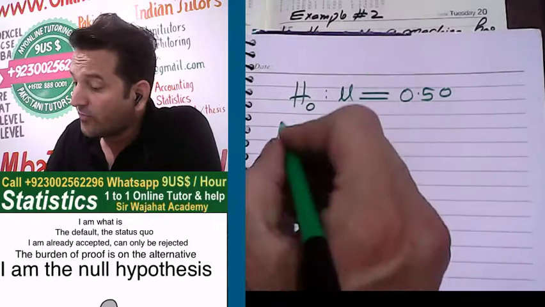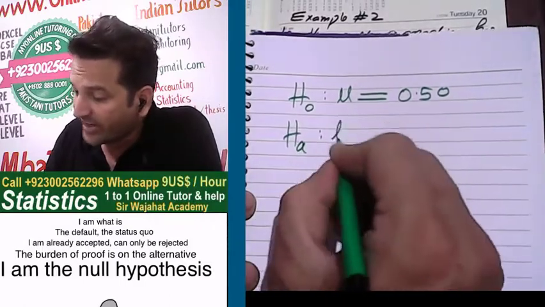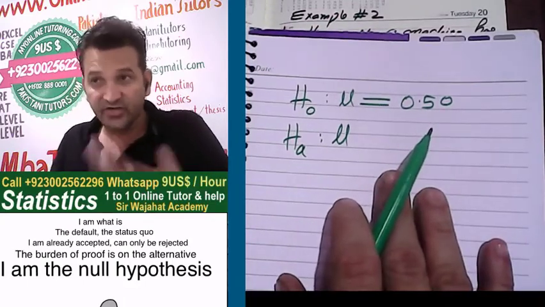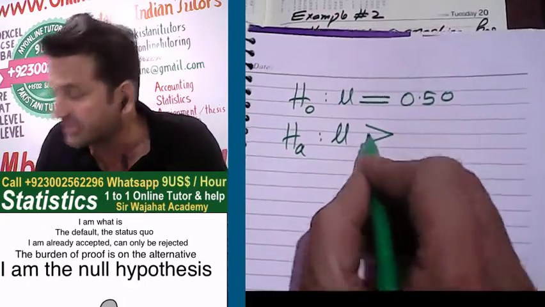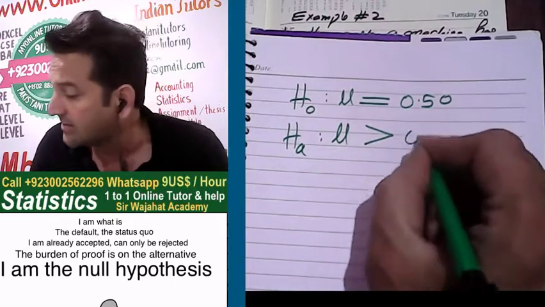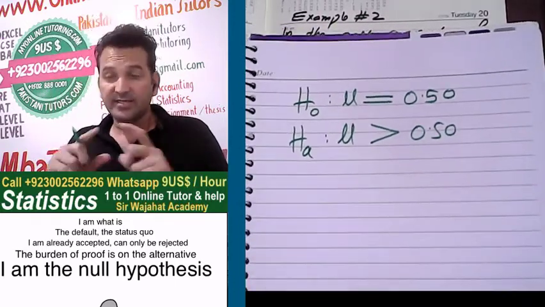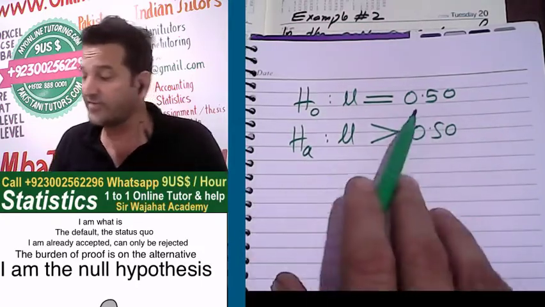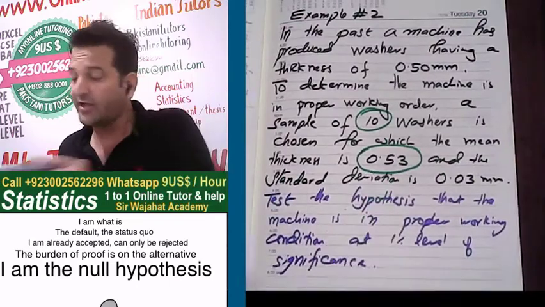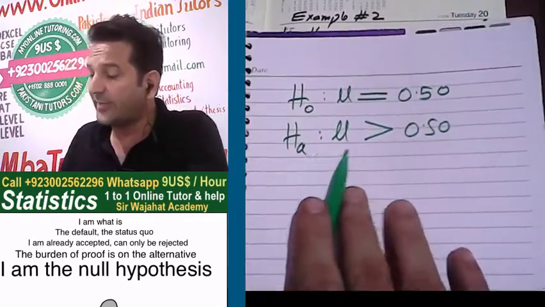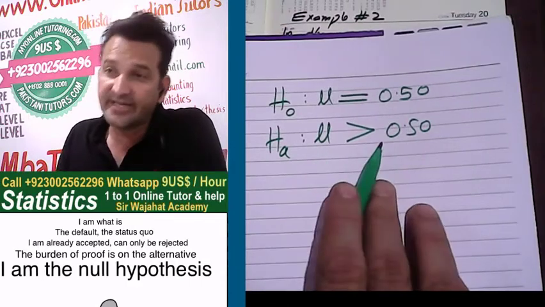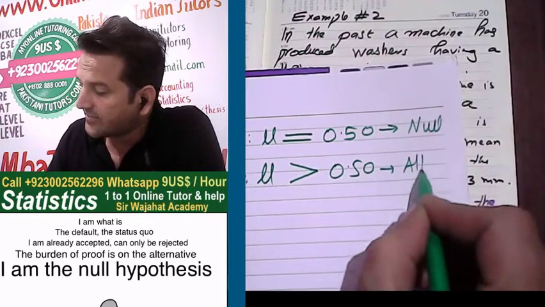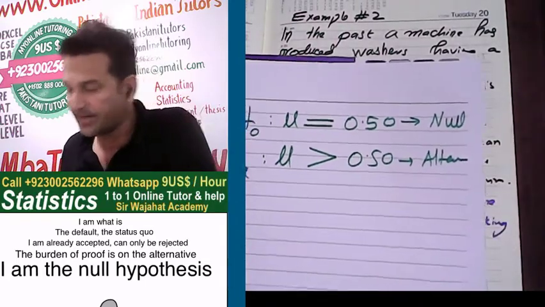So we make an alternative that checks whether this 0.50 has increased, so we put a greater than sign. Whether the thickness has increased from 0.50 to 0.53. So we make an alternative hypothesis that HA: mu is greater than 0.50. So this will become null. This will become alternative. Clear?